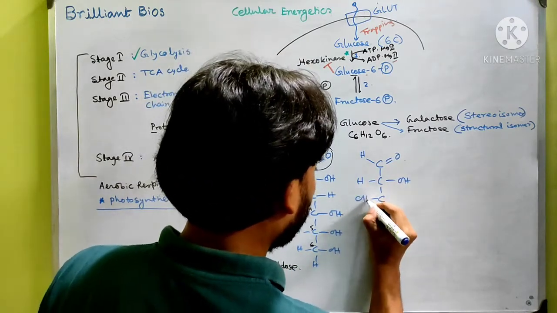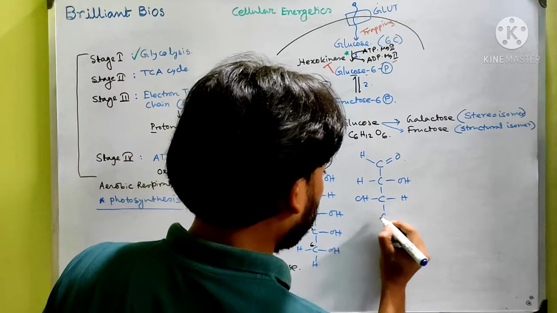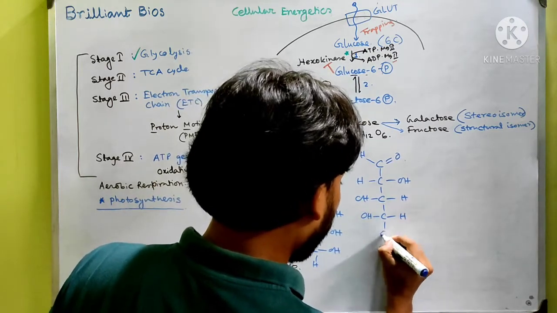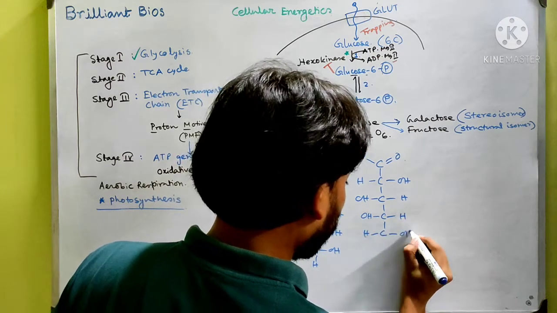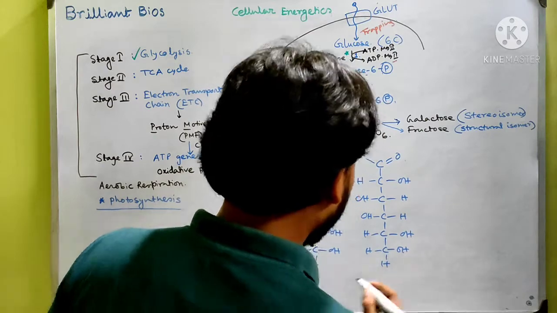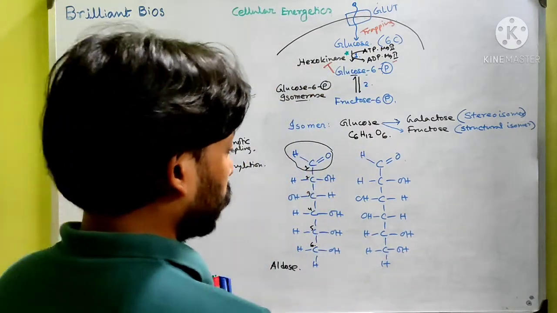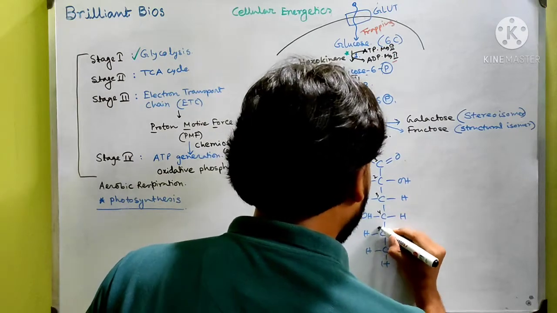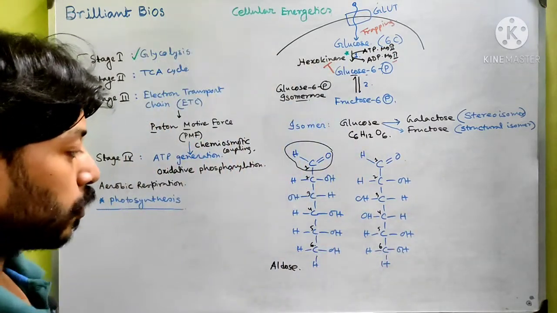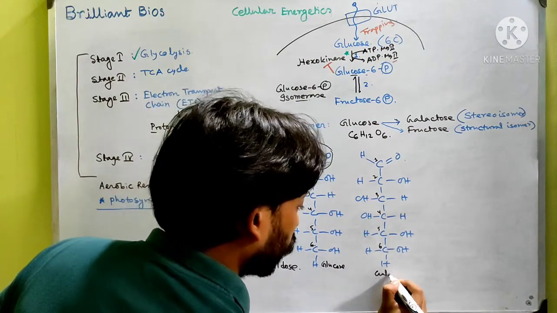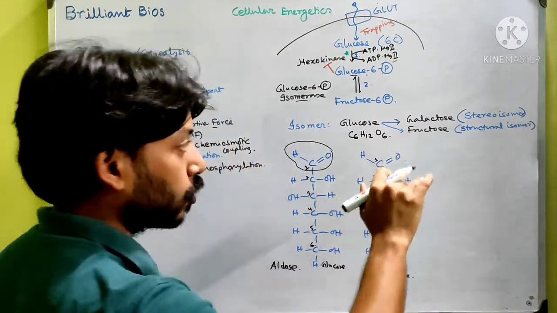The difference will be here in the 4th carbon and all the rest is the same. Let me draw the numbers. This is the first, second, third, fourth, fifth and sixth. Okay, good. So this is the glucose, this is the galactose, and I will also draw the fructose.